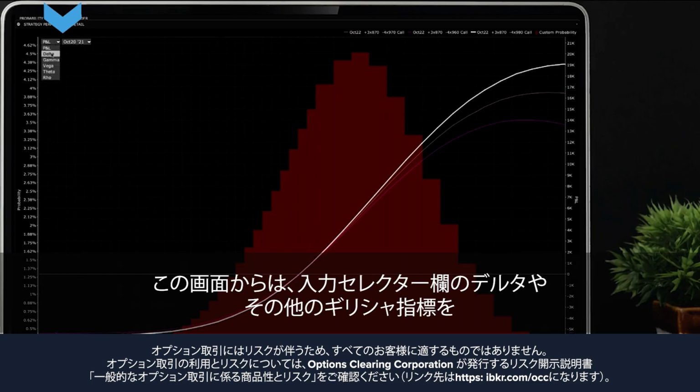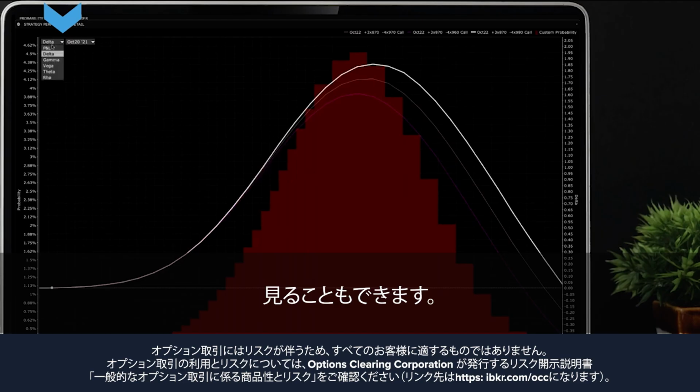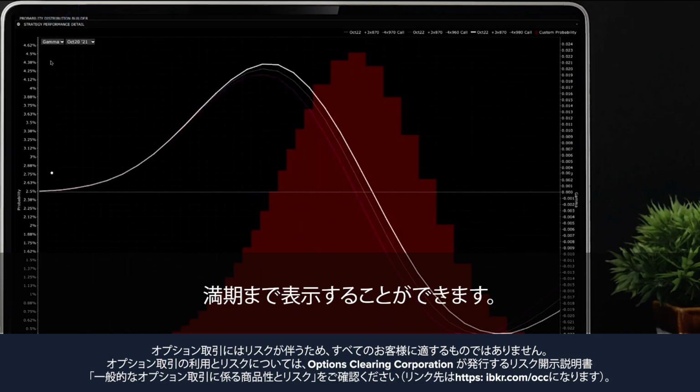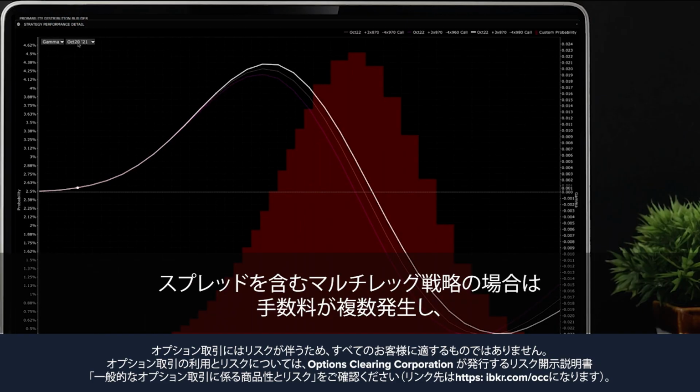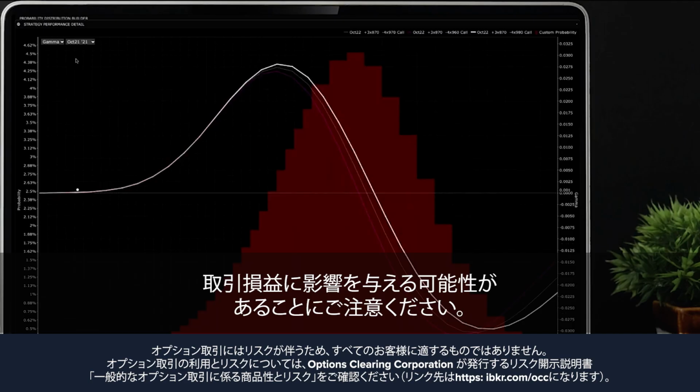You can also view delta and other Greek values from the Input Selector field from this window. Once again, this can be shown at any time horizon through expiration. Please note that multiple leg strategies, including spreads, will incur multiple commission charges, possibly having an effect on trade P&L.